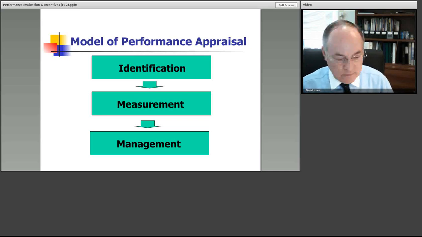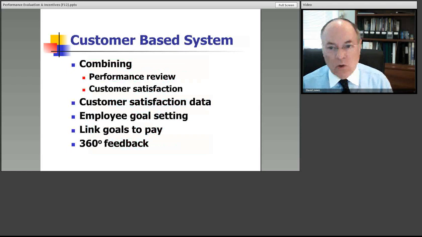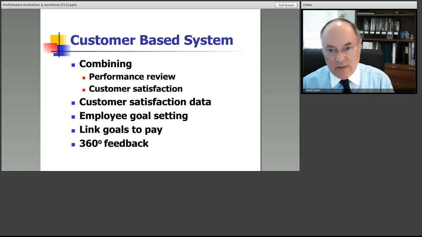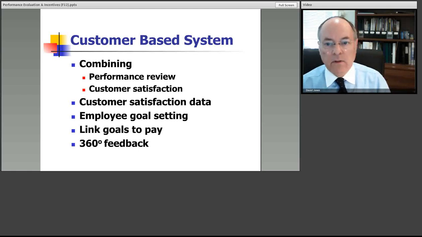Now, to do that, in today's world, one of the things we think about is trying to do this with a customer-based system. So it's not just about what we think as a manager of an employee or what our manager thinks of us as a manager and so on. It's putting our performance review, which would be that evaluation, together with customer satisfaction.